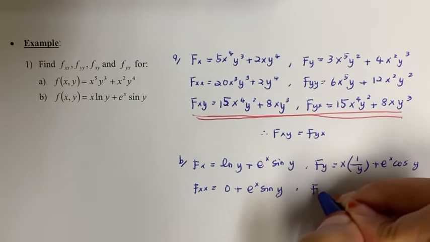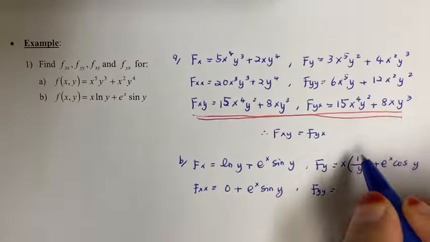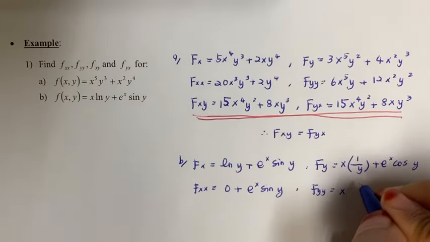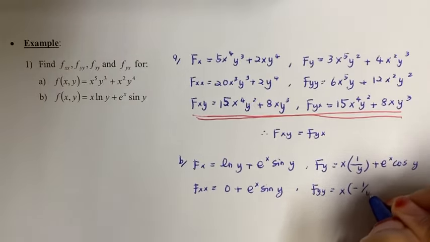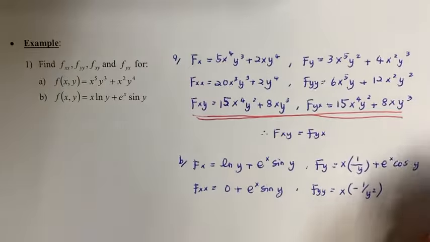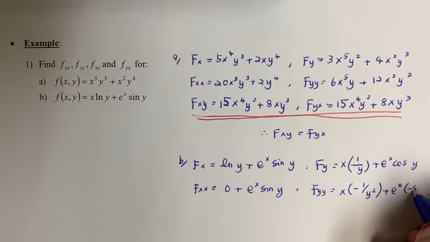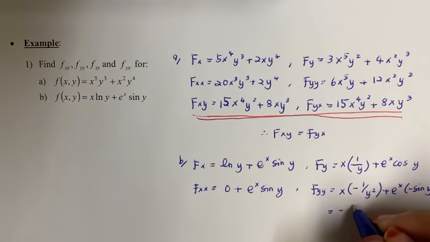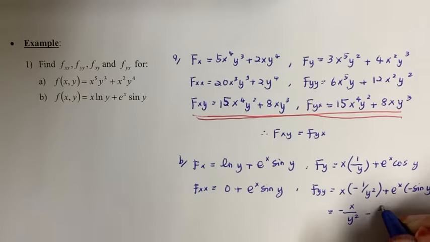And then for fyy, differentiate 1 over y with respect to y, you have minus 1 over y square, plus exponent x, differentiate cos y is minus sine y. So for this one, you have minus 1 over y square minus exponent x sine y.